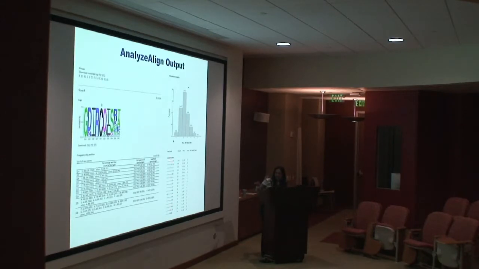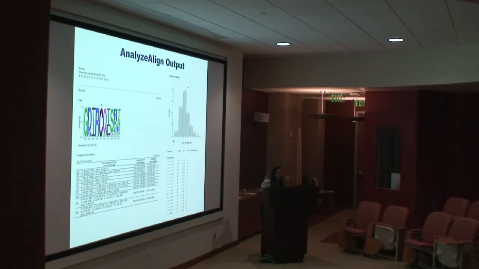You can see epitopes aligned to other sequences based on what you put in. There's a table, and there's this web or sequence logo, just like the other one. And you can see your residues of interest at different percentages of occurrence.